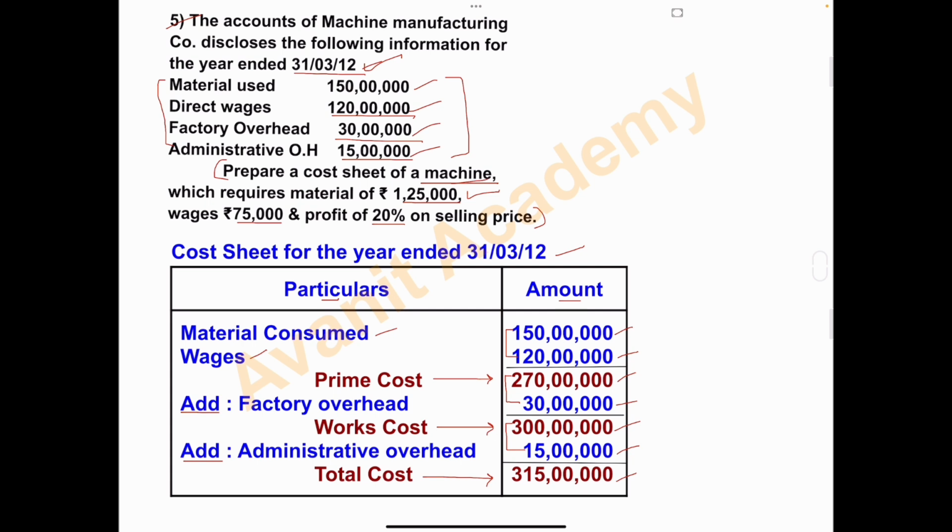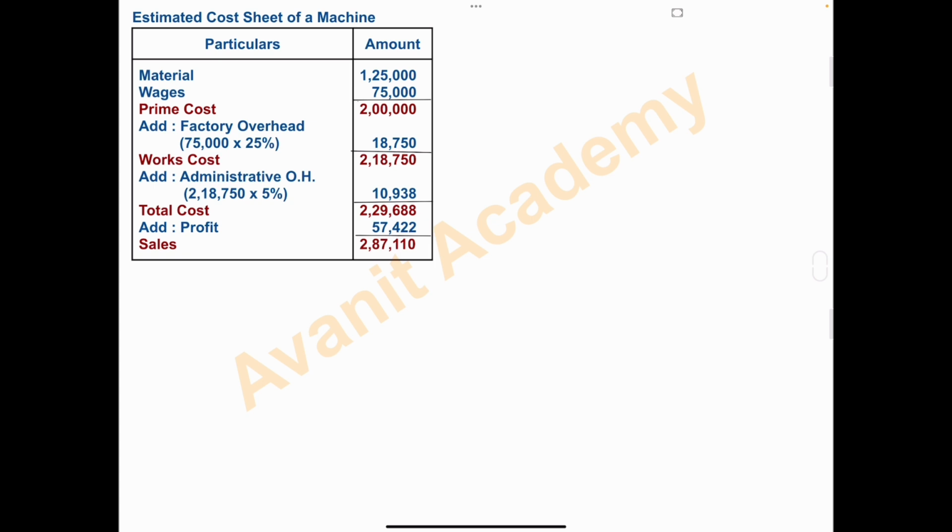But by taking certain formulas and by referring to the previous cost sheet, that is the cost sheet for the year ended 31st March 2012, we can calculate the amount of factory overhead and administrative overhead. Let's prepare the estimated cost sheet of a machine.